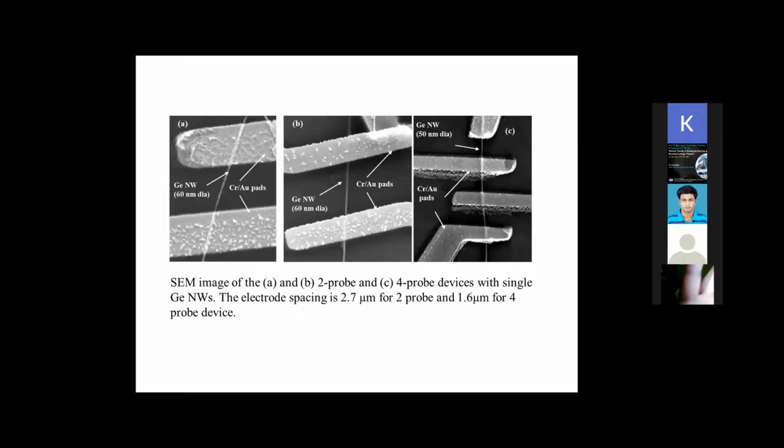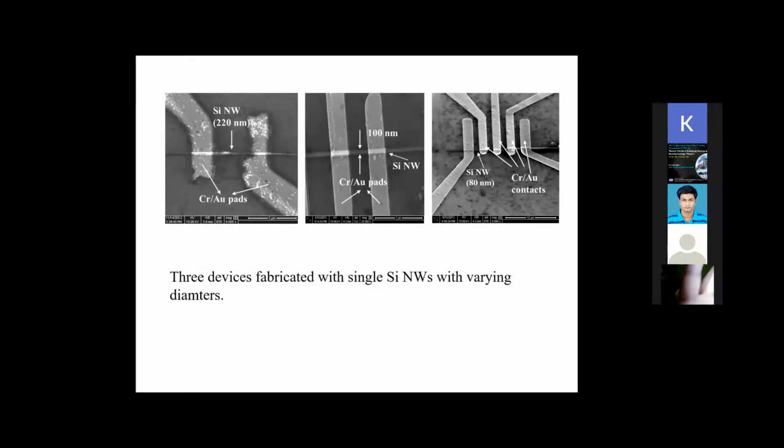You can see these are 2 probe then 4 probe connection, all done on a single nanowire. So all these images, you can see only the electron beam lithographically connected region, because these are the SEM image of those. So these were actually connected to the larger pads which were made by photolithography. That is not in this picture.